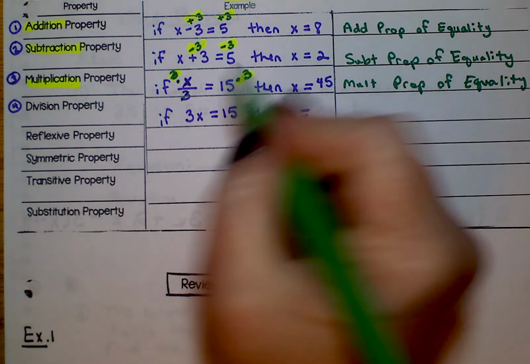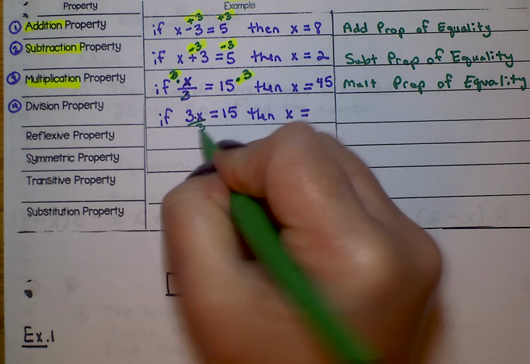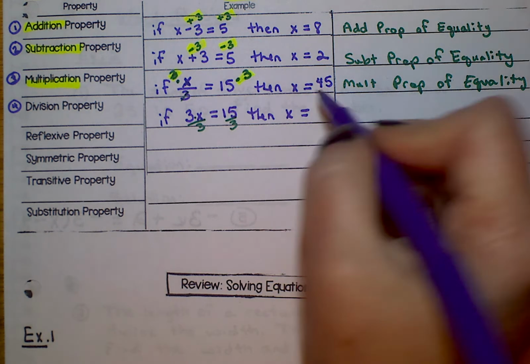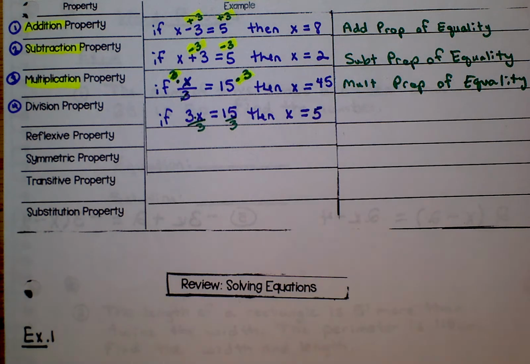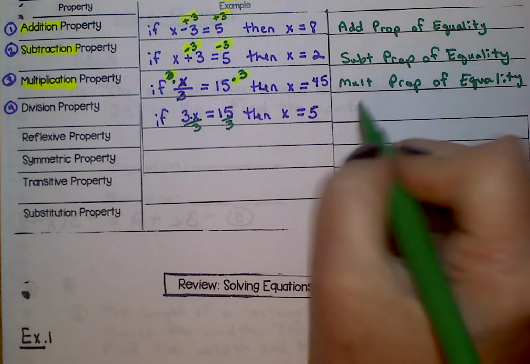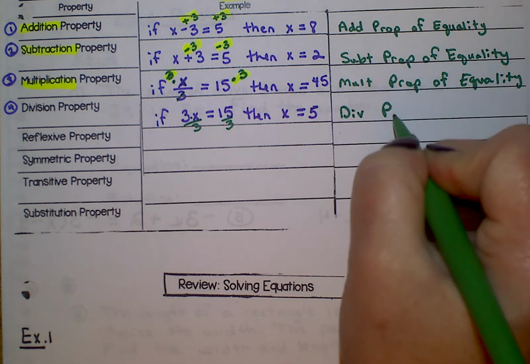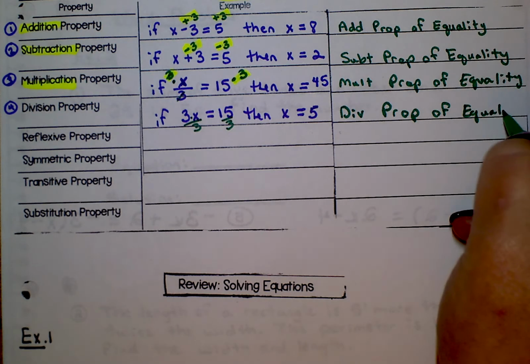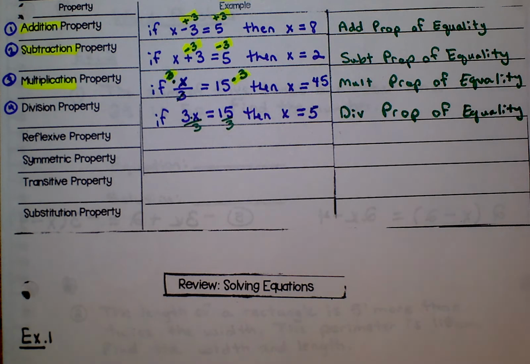So think about what you would do to undo the multiplication. So I'm dividing by 3, so x would be 5. So that would be the division property of equality.